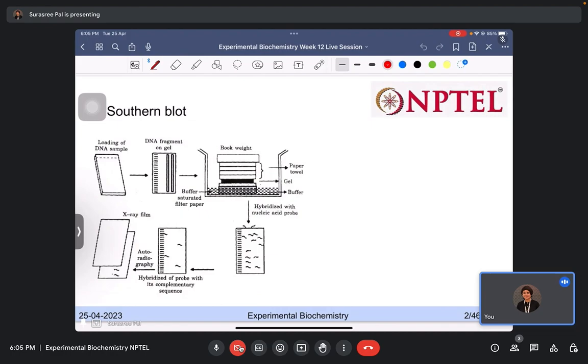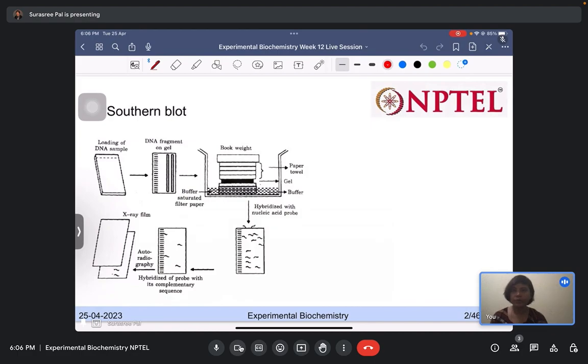So there are several aspects of this experiment. The first one is that we are trying to detect a specific DNA sequence from a DNA sample. Suppose we want to detect if one particular gene is present in our organism or not.